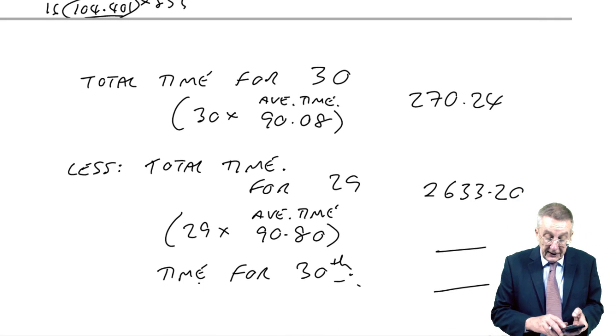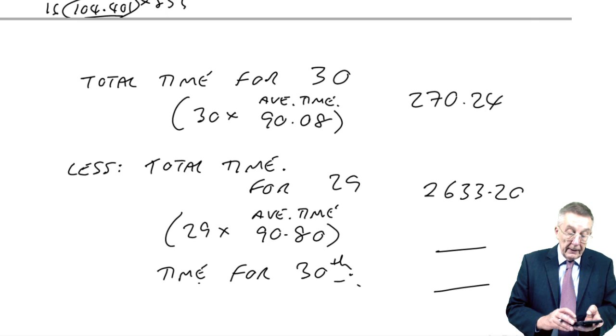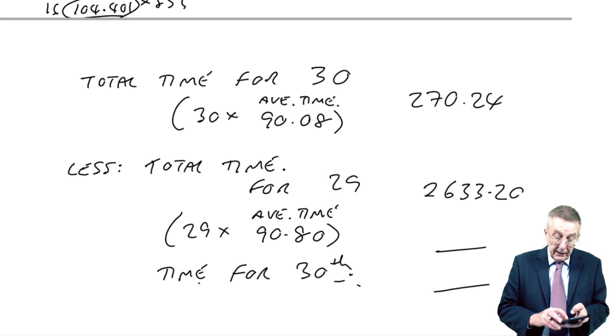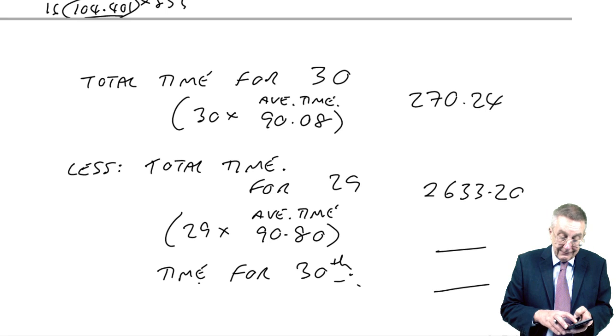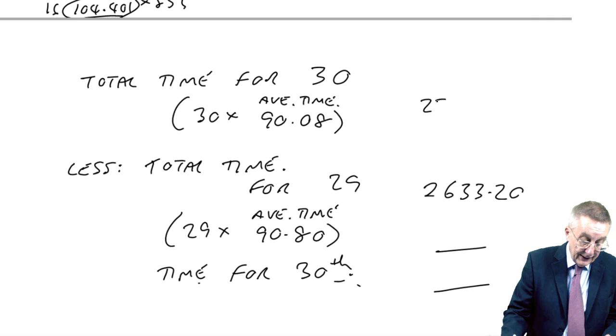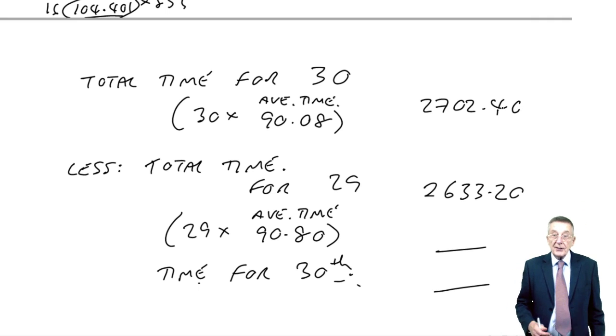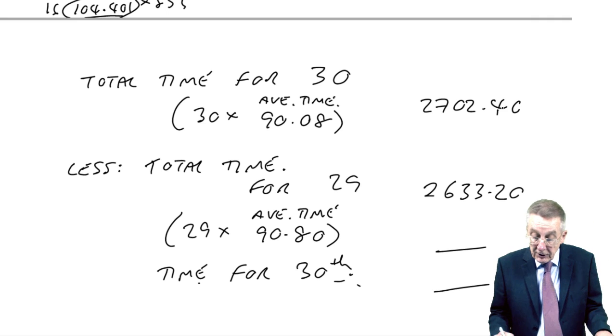Oh, good heavens, it can't be. Let me check again. 29 times 90.8. Did I do the first one right then? Obviously, I made a mistake on the first. Sorry, I bet some of you have been sat there for the last 20 minutes cursing me. Sorry.